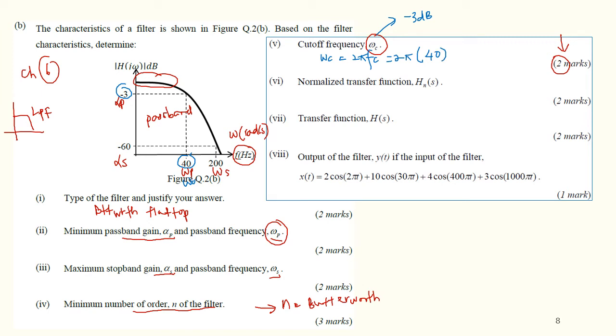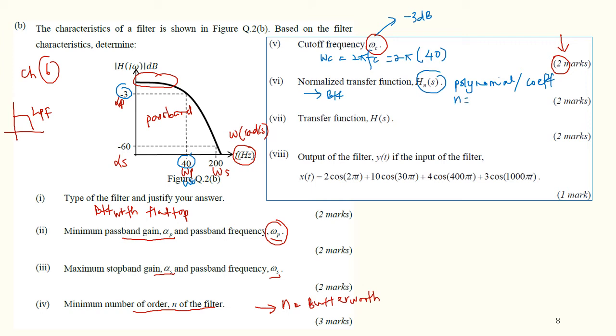And then the normalized transfer function. Refer to the filter characteristics for Butterworth again. Write down the normalized transfer function, look at the equation, and in the normalized transfer function we will have polynomials or coefficients. You need to refer to the table based on your n.